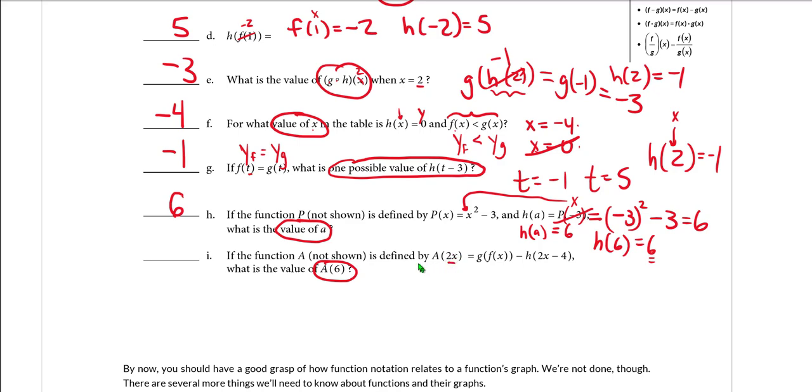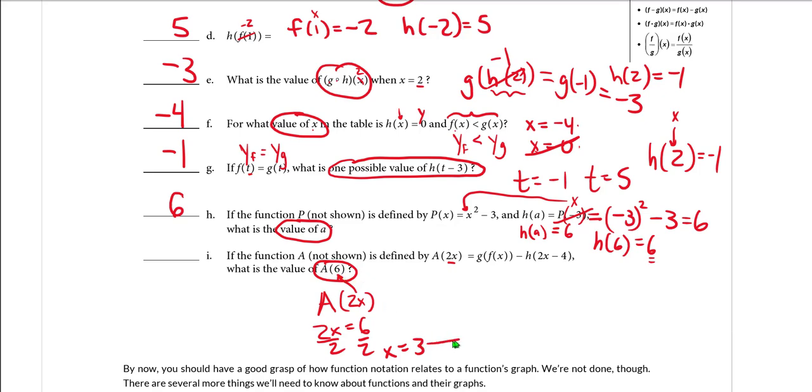In this case, we have a 2x. And we have to understand that when we're talking about a of 6, if that 6 is a 2x, what that means is that x must be 3. 2x is the 6, divide by 2, divide by 2. That means that we pull an x value of 3 out of that input of 6.